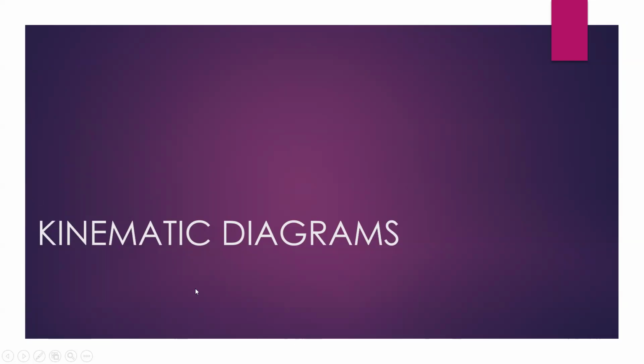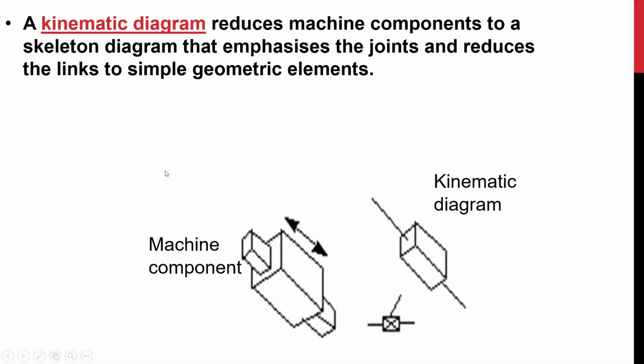In this case, we are going to do kinematic diagrams. A kinematic diagram reduces machine components to a skeleton diagram that emphasizes the joints and reduces the links to simple geometric elements.